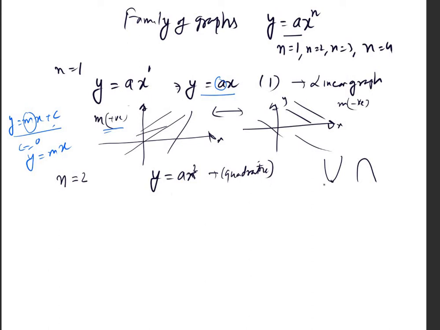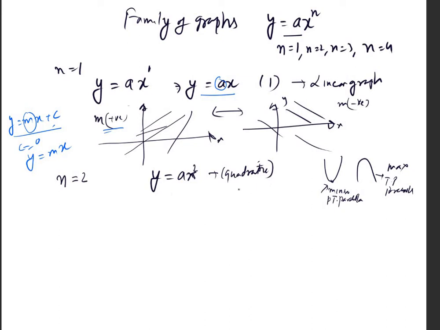This kind of parabola is called a minimum turning point parabola. This is a maximum turning point parabola. All right.